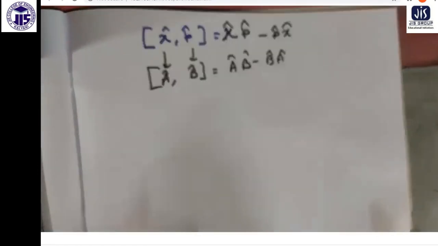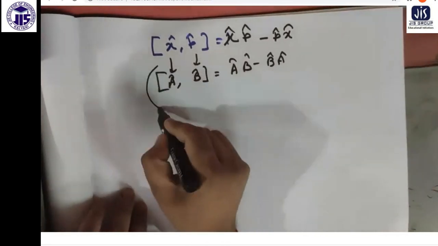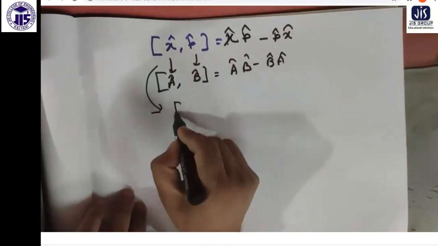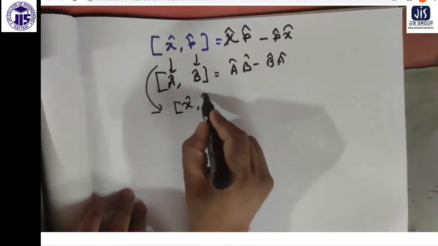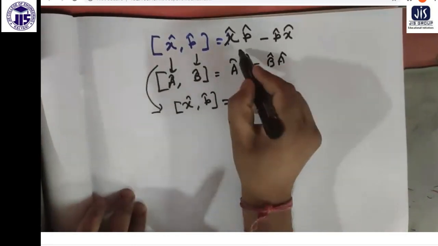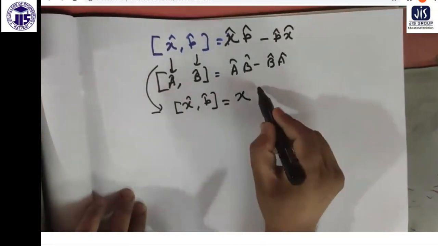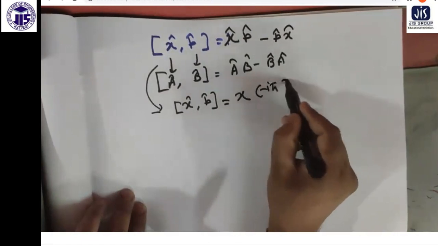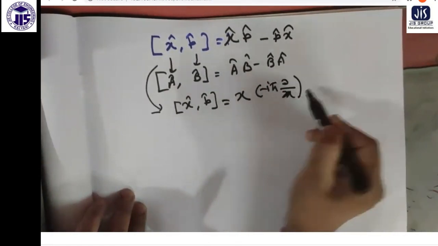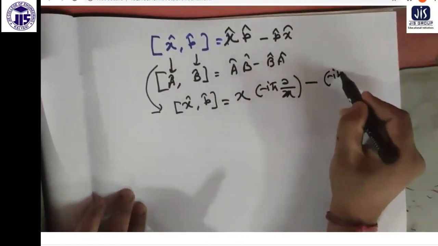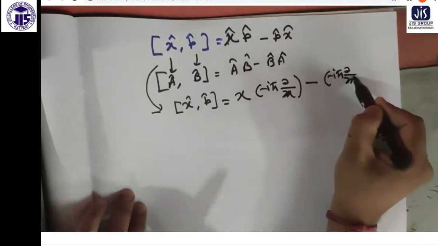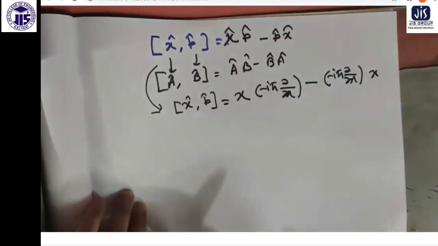Now I can write this in this way: XP is equal to, the operator form of X cap is X and the operator form of P cap is minus H cut del by del X, and here also minus H cut del by del X, and X cap is X.